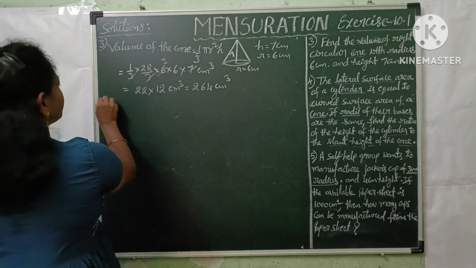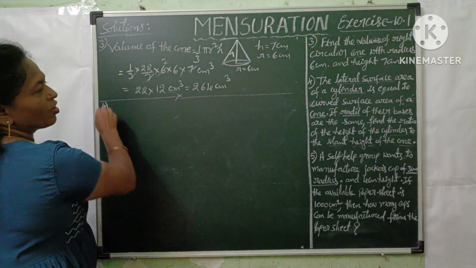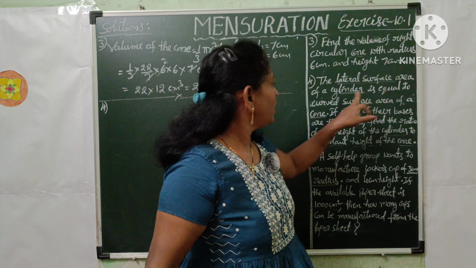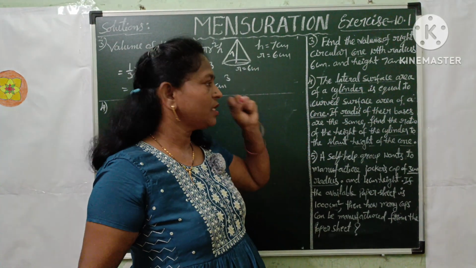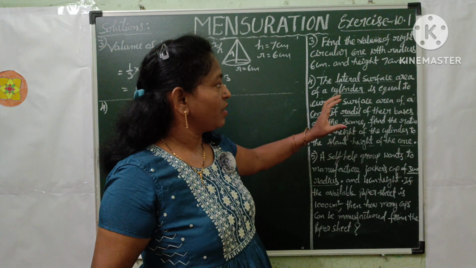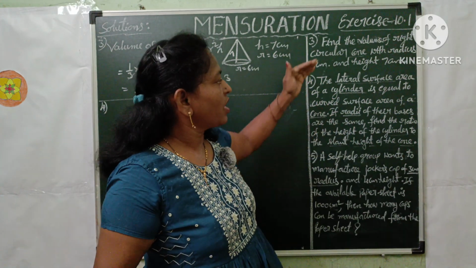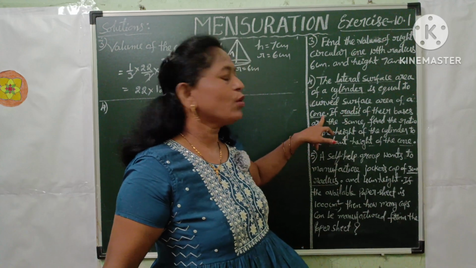Fourth question. The lateral surface area of the cylinder is equal to the curved surface area of the cone. Here a combination is given. Lateral surface area of the cylinder is the curved surface area. So the curved surface area of the cylinder equal to the curved surface area of the cone.